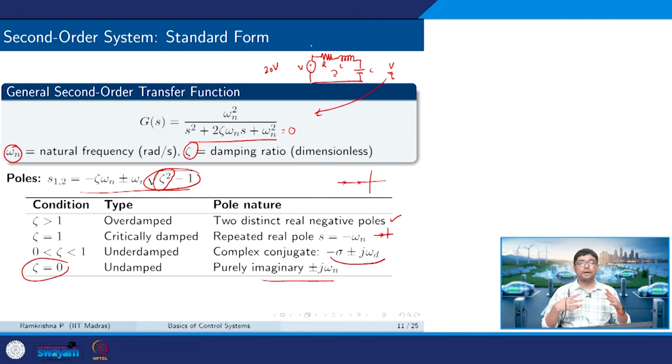We looked at several kinds of damping: underdamped, overdamped, critically damped and undamped. An undamped circuit here, for 0 voltage, would just mean that I am looking at a simple oscillator, or the harmonic oscillator as we call it. And so, this is zeta equal to 0 and without any external voltage.